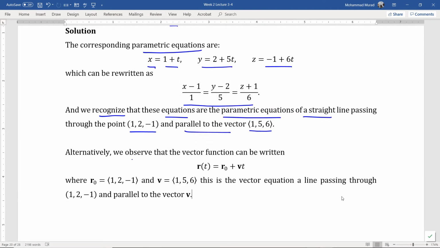Alternatively, we observe that the vector function can be written as r of t equals some vector r sub 0 plus some vector v times the parameter t, where r sub 0 is the vector with components 1, 2, -1, and v is the vector with components 1, 5, 6. This is the vector equation of a line passing through the point with coordinates 1, 2, -1 and parallel to the vector v.